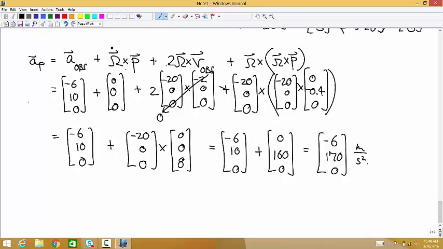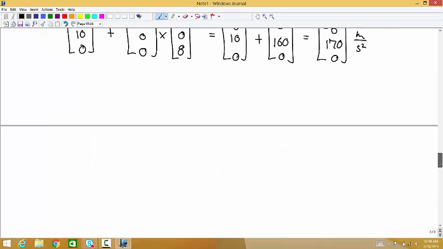Okay. I want to just say one thing. What if you fixed the coordinate system to the disk? Does it matter where you put the coordinate system?